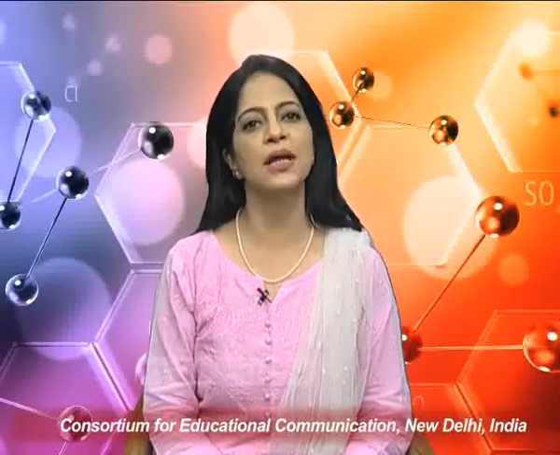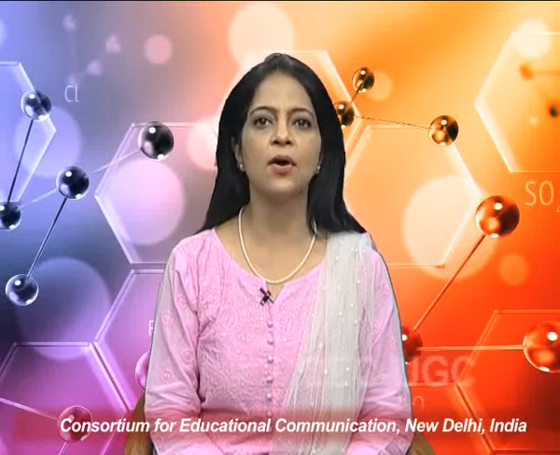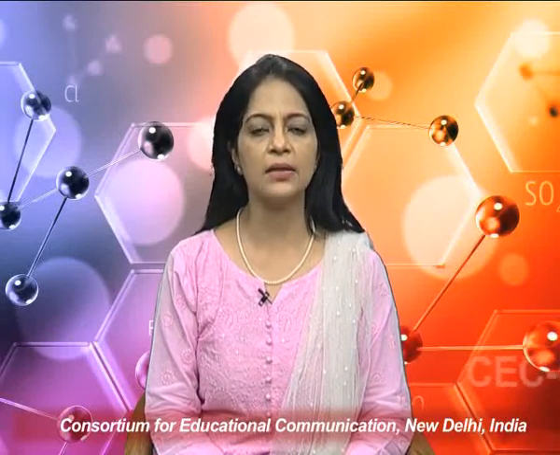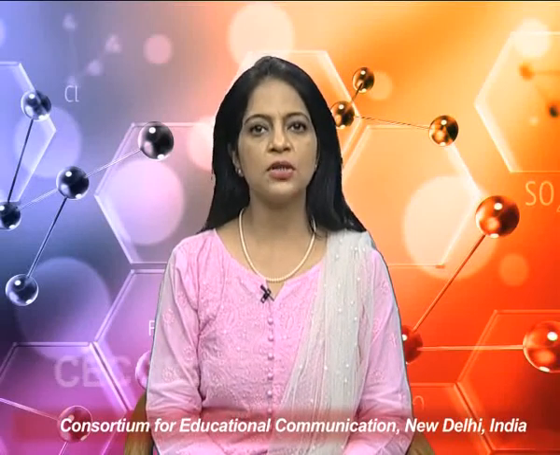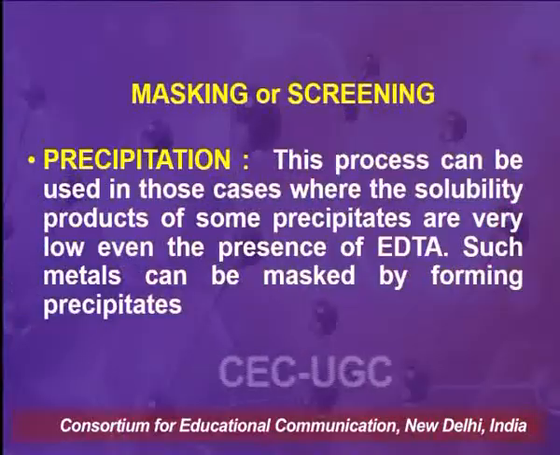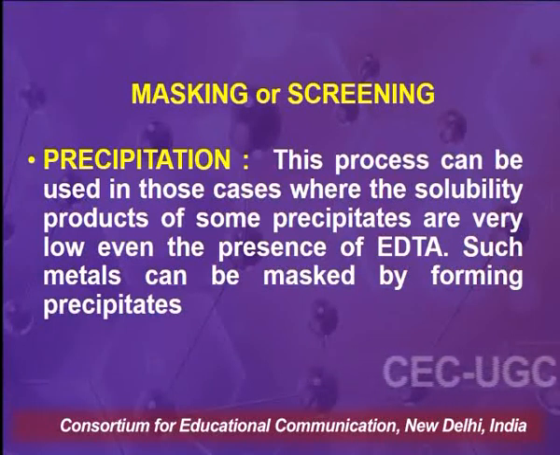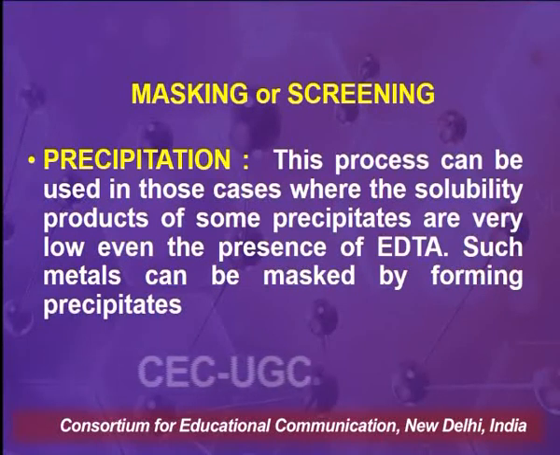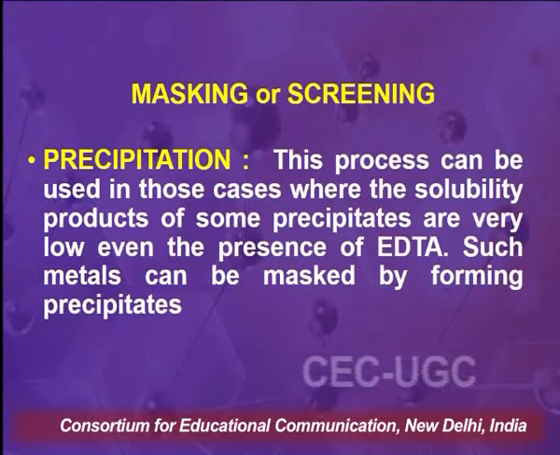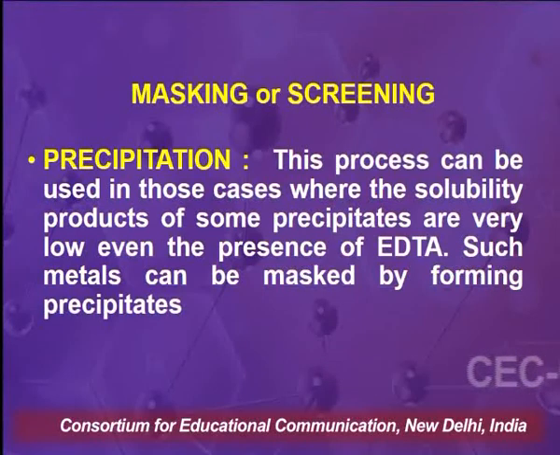Moving on to the next method of masking or screening of metal ions, which is by precipitation. This process can be used in those cases where the solubility products of some precipitates are very low, even in the presence of EDTA. Such metals can be masked by forming precipitates.